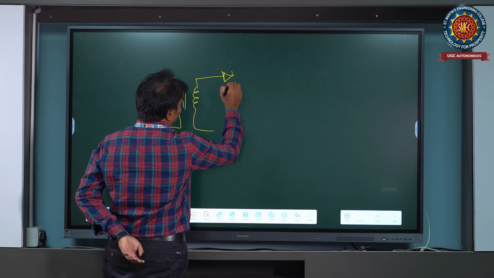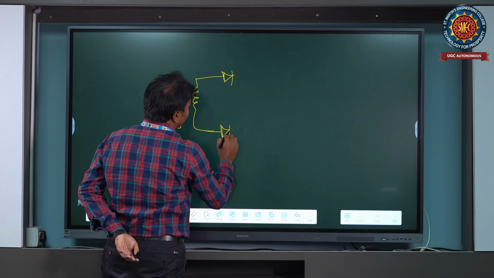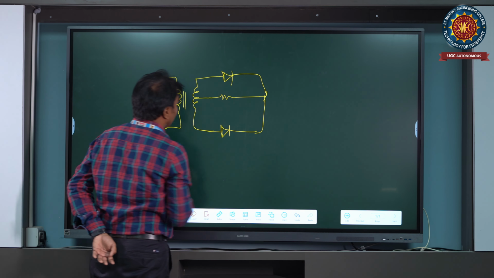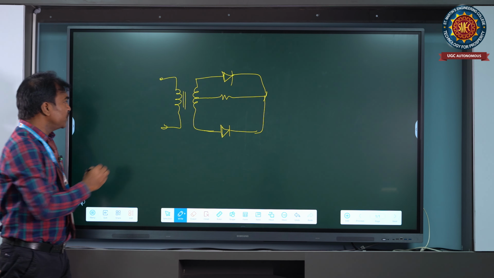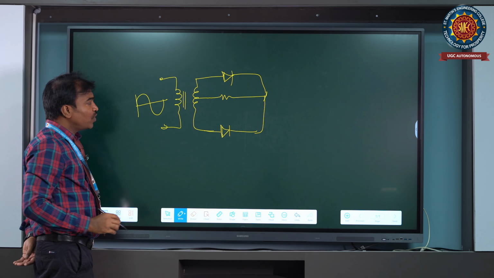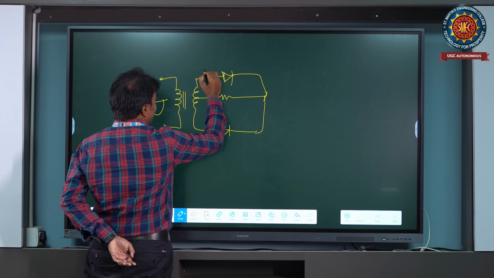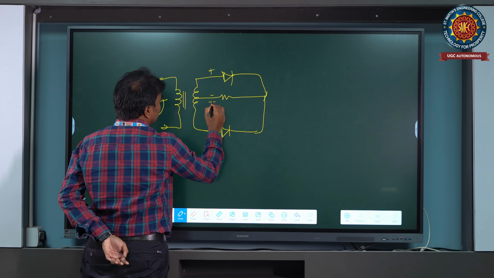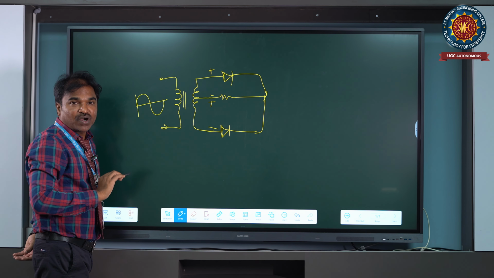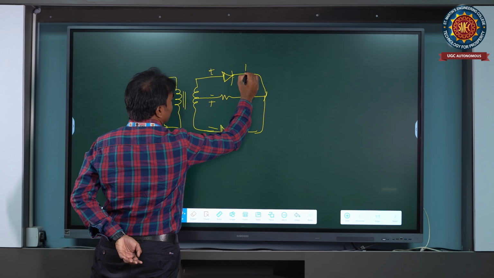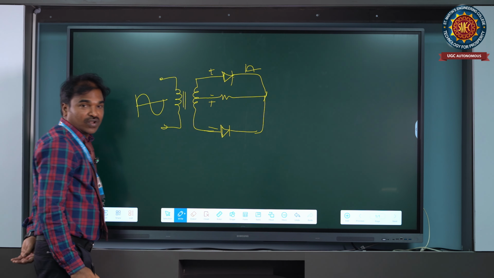Here one diode, and here also one diode, and this is the load resistance RL. What is the operation? Whenever we apply AC input power, in the positive going pulse this diode terminal is positive, so this is the output across diode D1.